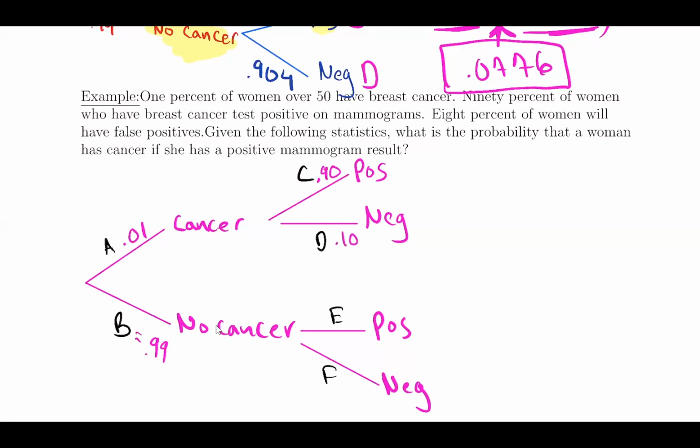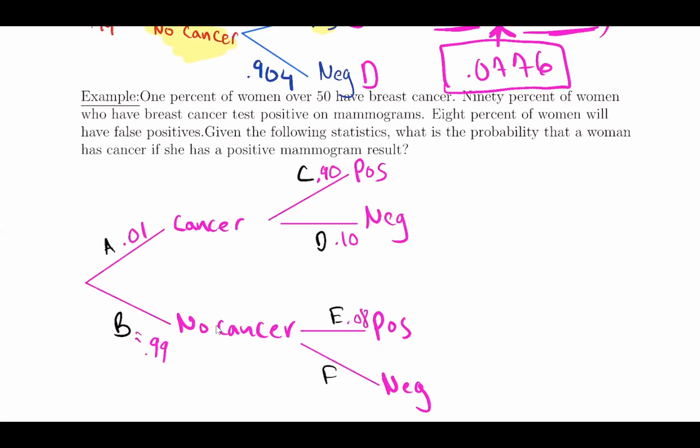Yeah, 0.10. All right, so what does E have to be? 0.80. Yeah, so it should be 0.08.